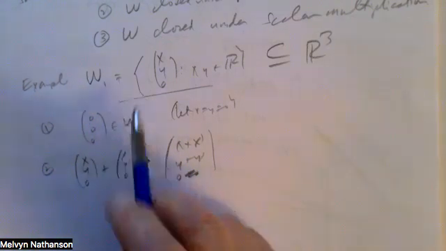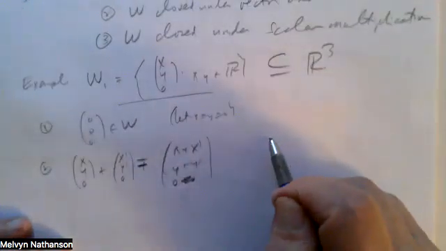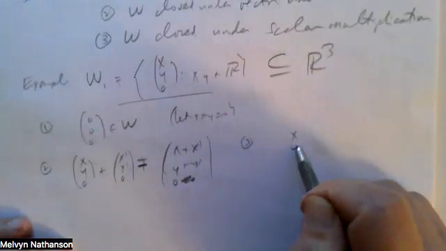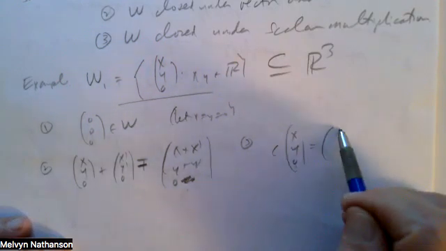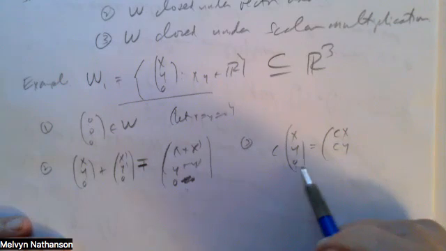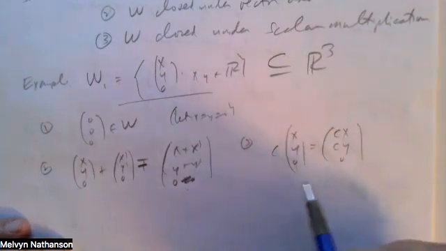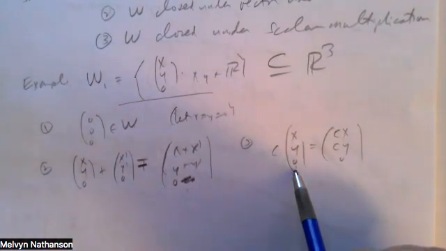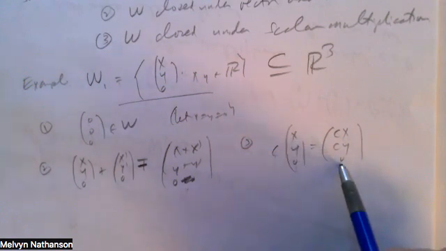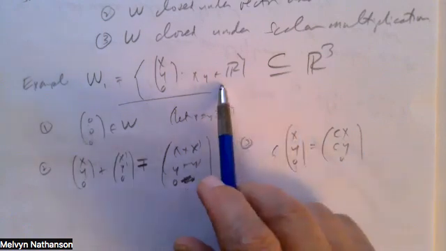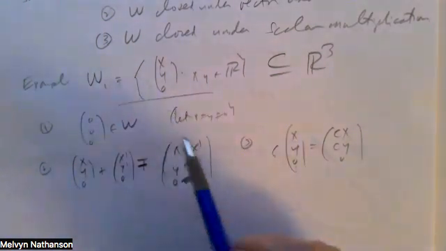So this set is closed under vector addition. And if I take any vector in that set, third coordinate 0, multiplied by c, I get cx, cy, c times 0 is 0. So if the third coordinate of a vector is 0 and you multiply it by any scalar, you get another vector whose third coordinate is 0. So this is a subspace of R3.